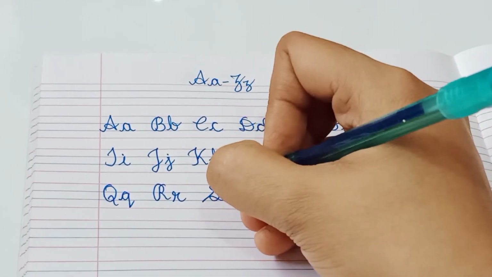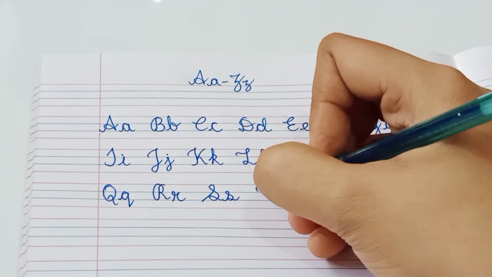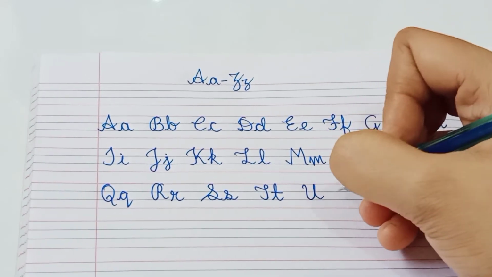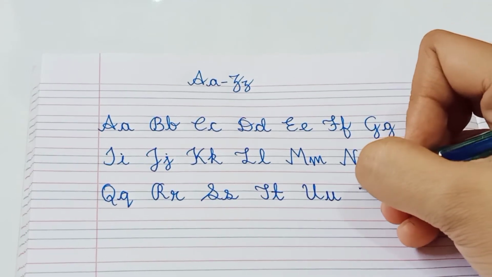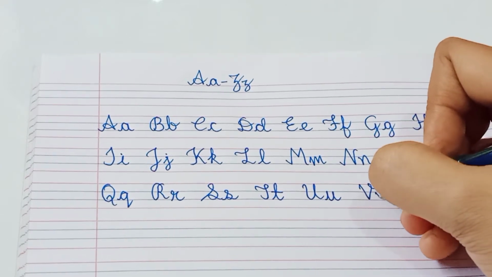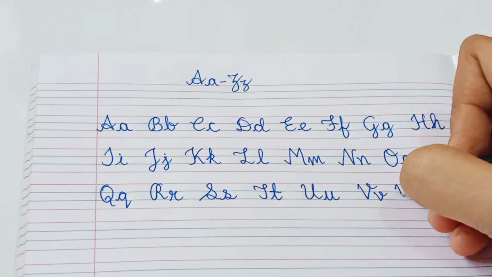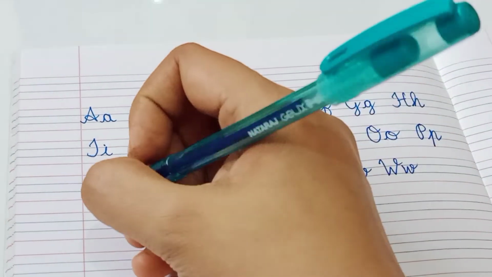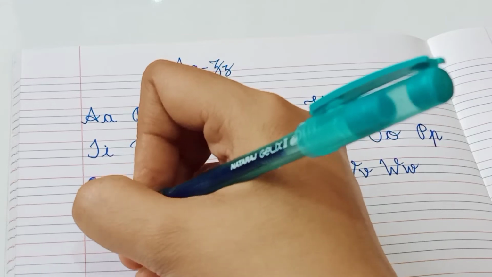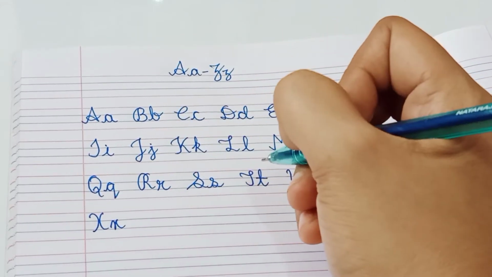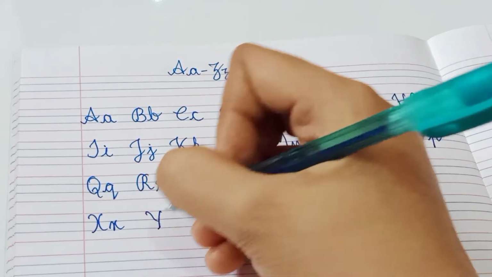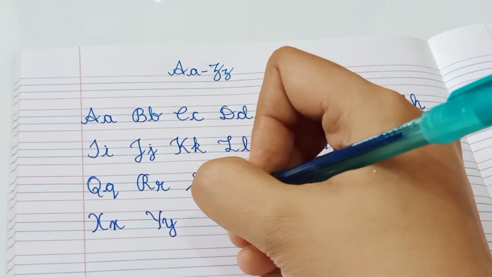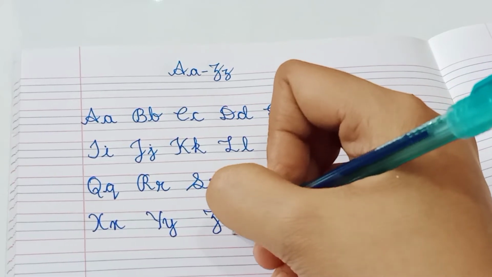Capital S, small s, capital T, small t, capital U and small u, capital V and small v, capital W, small w, capital X and small x, capital Y and small y, capital Z and small z.